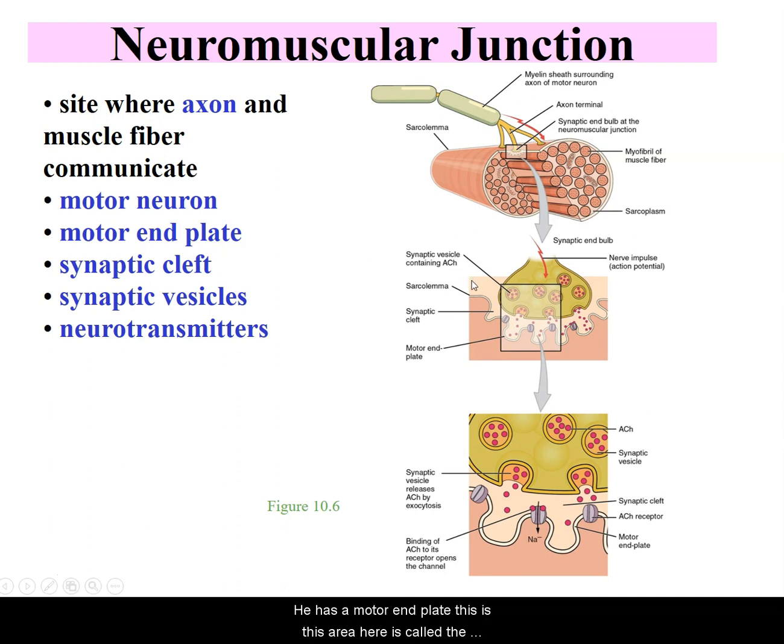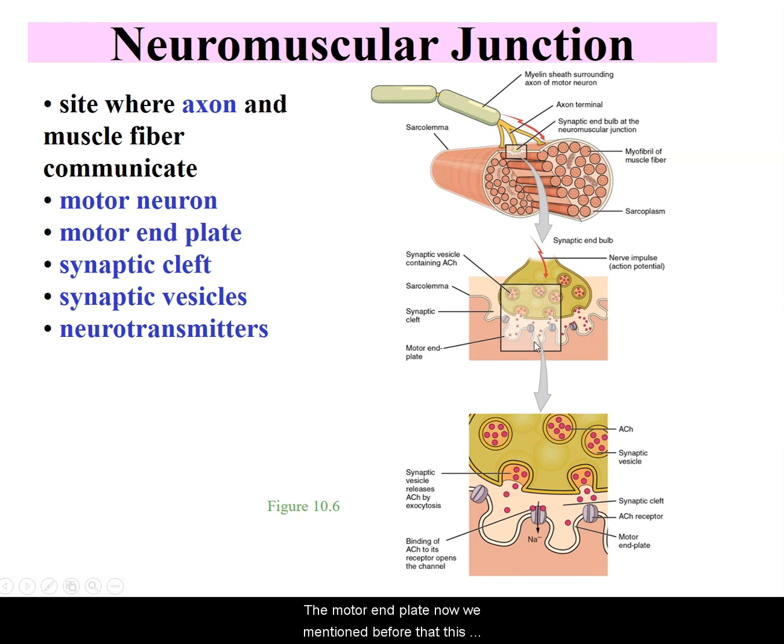You have the motor end plate. This area here is called the motor end plate. This area here, the synaptic cleft. Okay, this is the synaptic bulb or synaptic knob, and here's the motor end plate. That is that undulated surface of the sarcolemma on that muscle at that neuromuscular junction, the motor end plate.